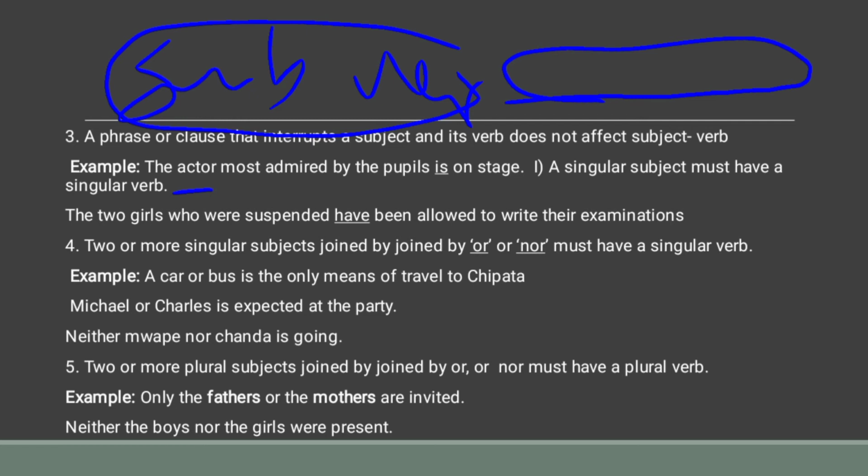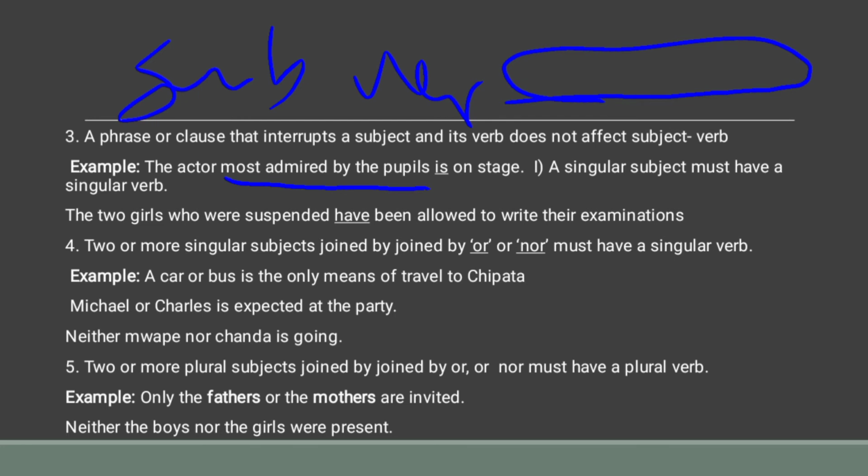By the pupils. So the pupils here have got no effect on the subject-verb agreement. And since the pupils is plural, we cannot use a plural verb here. Are on stage? No, because the one who is on stage is not the pupils, but the actor. So a phrase that interrupts a subject has no effect.